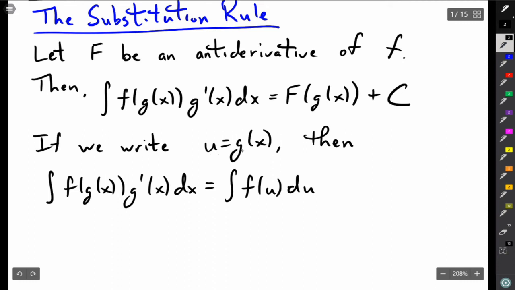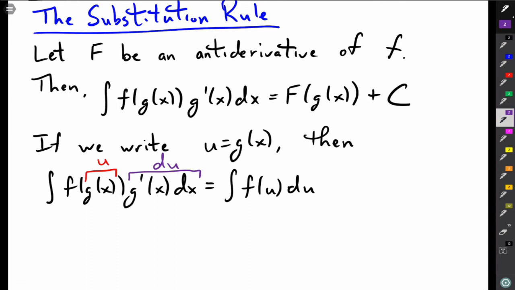So du would be g prime of x dx. So this stuff right here is du. So here we have u, here we have du, right? And then there we go. So now this turns into just integrating this outside function f, and then we plug the inside u back in.